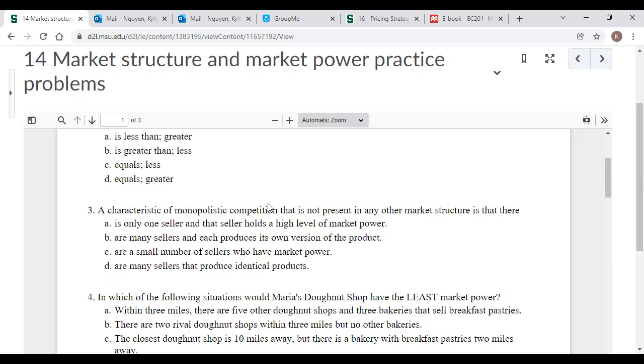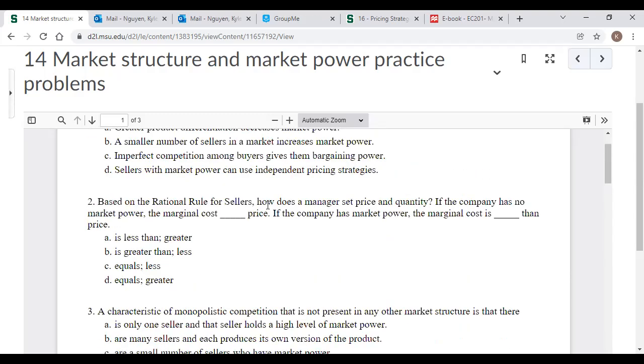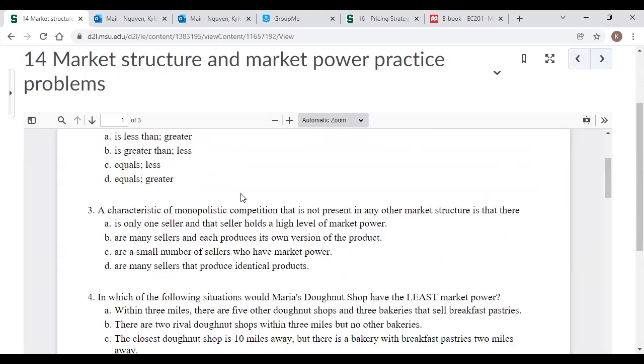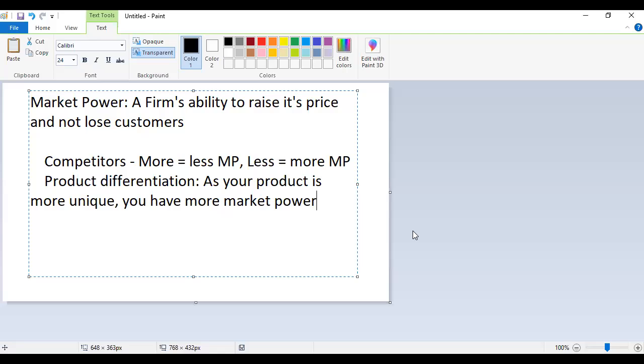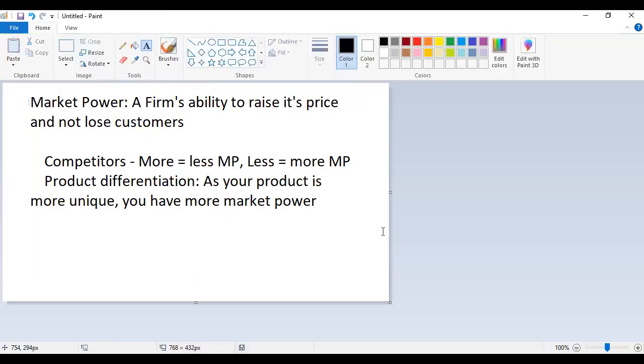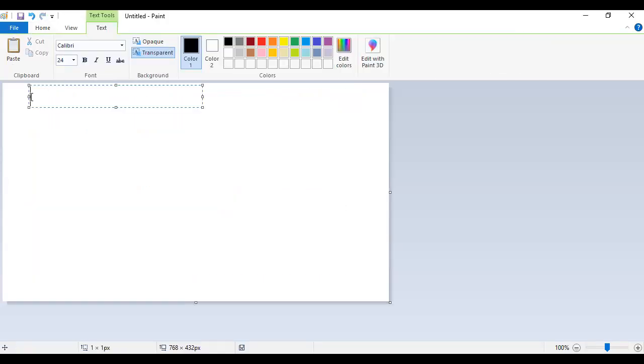3. Oh yeah, 2C, my bad. 3. A characteristic of monopolistic competition that is not present in any other market structure is... I want to explain what monopolistic competition is because I think a lot of people are getting confused with oligopoly. And obviously the best way to explain this is to write down a definition for you guys.